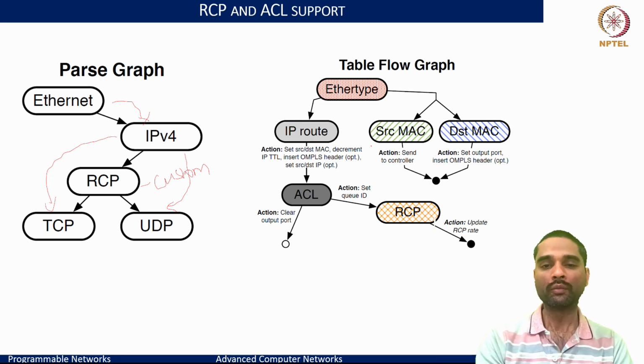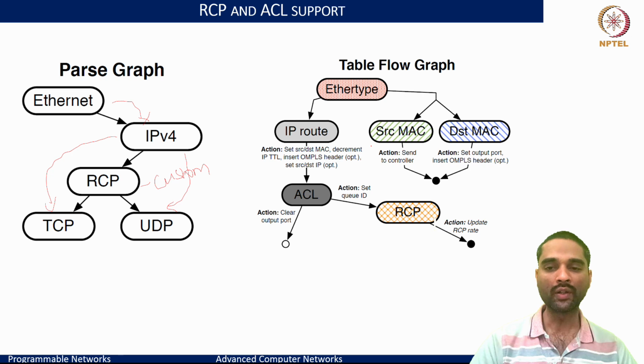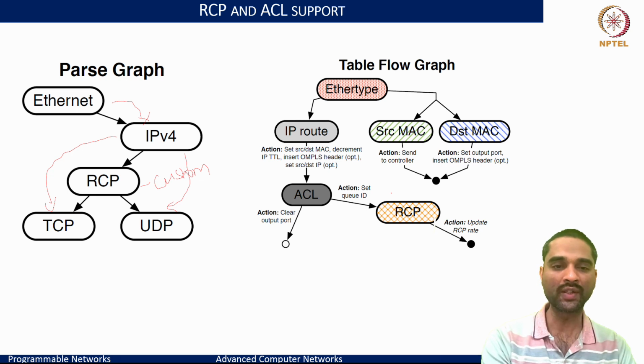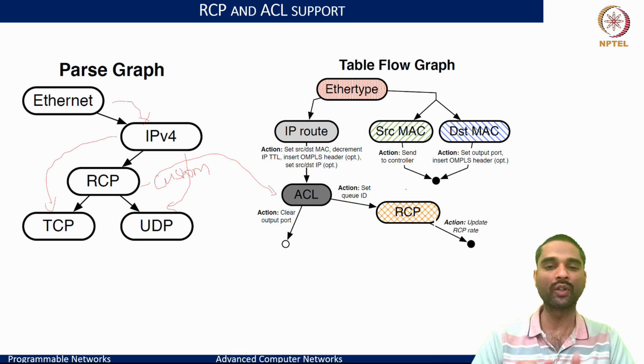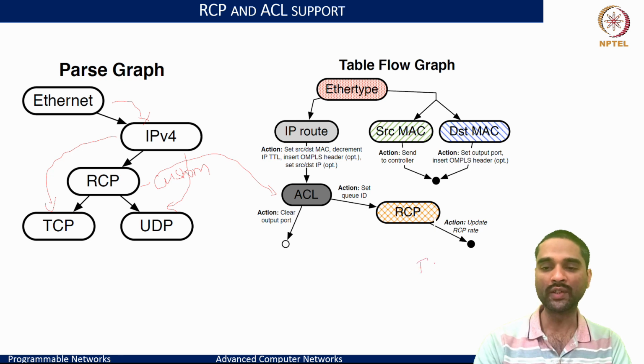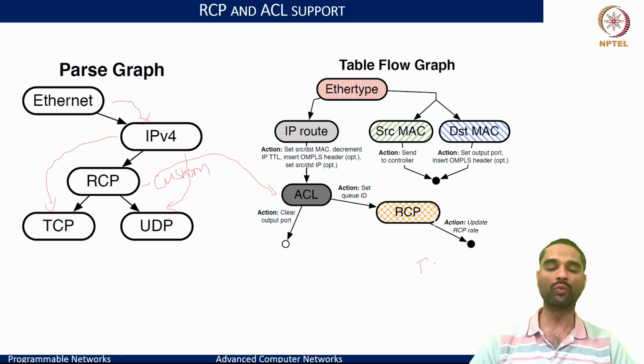And on the actions, if there is an access control setup that we want to do, say set the QID as RCP, if it were RCP we would want to jump and do the access control, setting the QID of RCP to ensure that we are rate controlling that specific packet, and then correspondingly take the TCP or UDP set of actions that we would want to do in further processing.